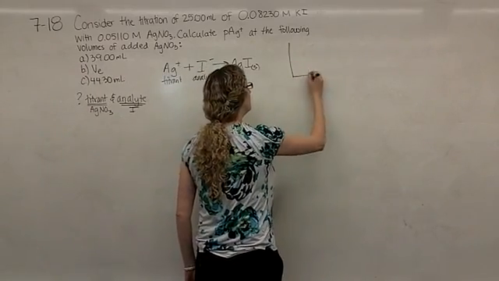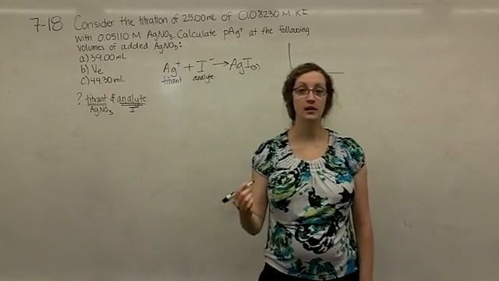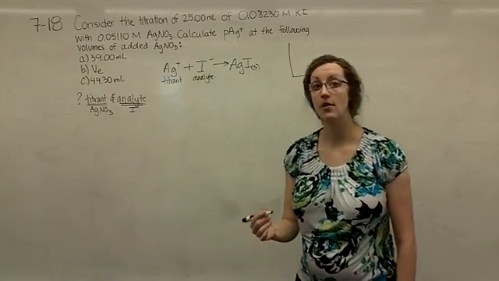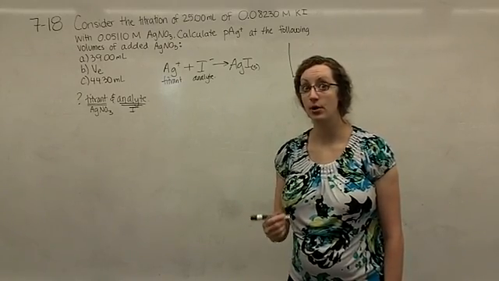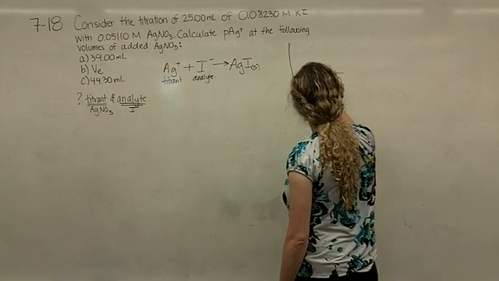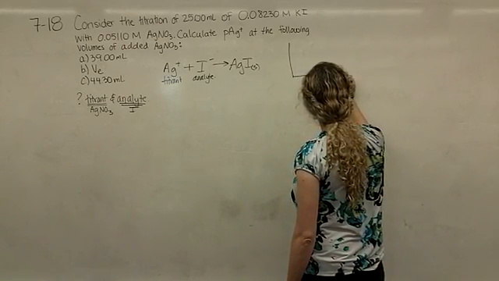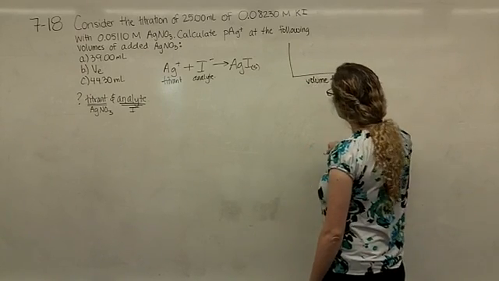We already know that if we made a titration curve, then on the x-axis we have the volume of the titrant, usually in milliliters. That's what's coming from our burette. So the volume of our titrant in milliliters is going to go here.